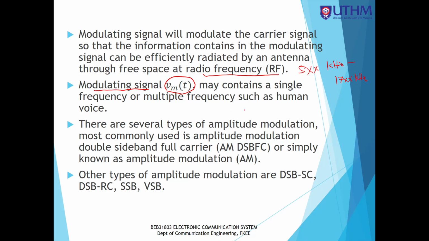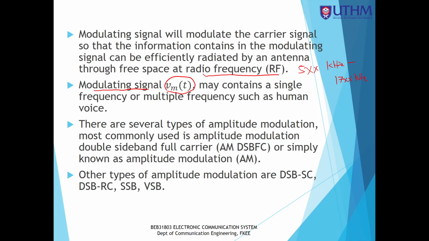If you see capital V like this, it is a constant parameter. The way we write the parameter is a capital letter for constant, small letter for function.